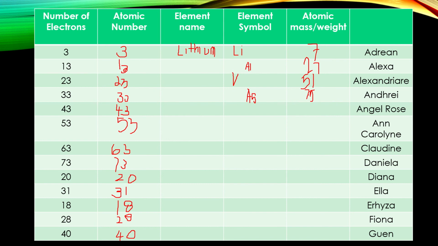So next, element number 43. Wait, I will just check element number 43. So 43 is technetium or Tc. Atomic mass is 98.